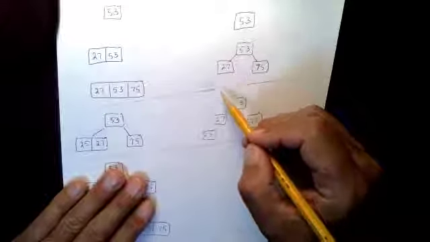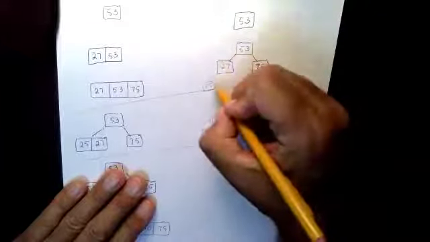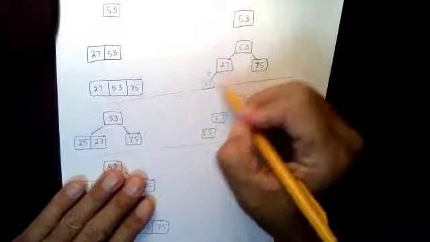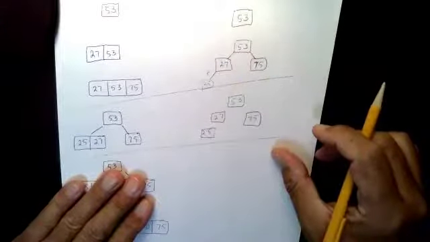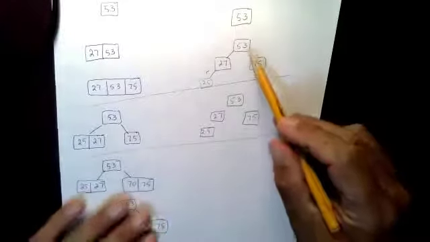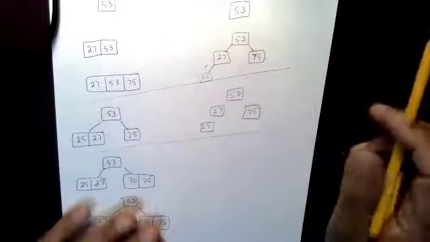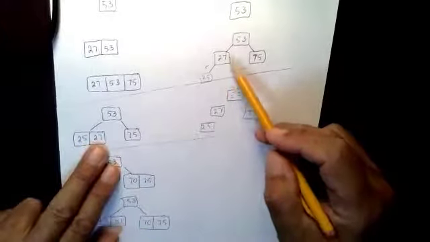What happens if I add, and now all of a sudden, I have 2 reds? So I added this and I have a red. Okay, so here's a red, here's a red, here's a red. And when I added, I got 2 reds in a row. And one of my rules was I couldn't have from root to a leaf 2 reds in a row. So what happened to these reds? Well, I already know the answer, right?